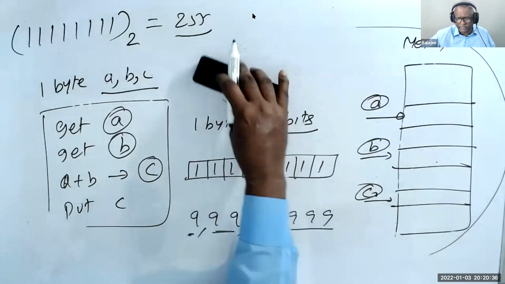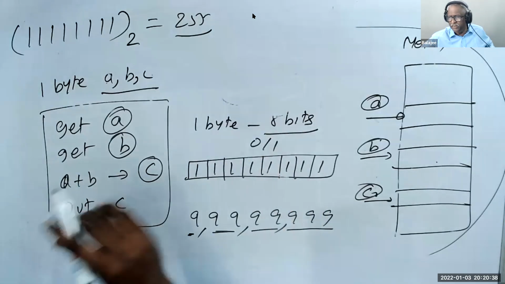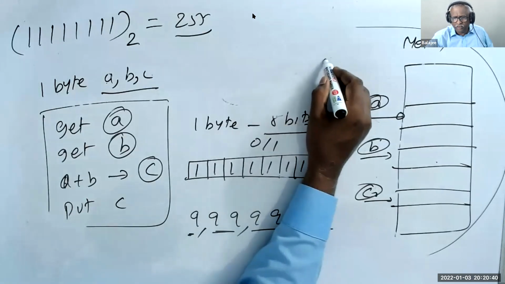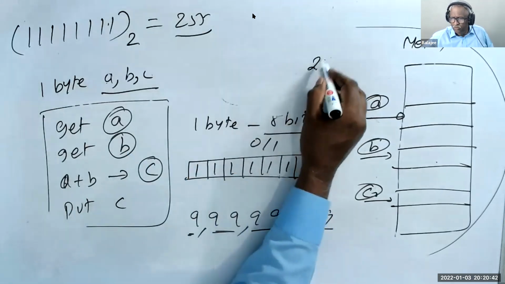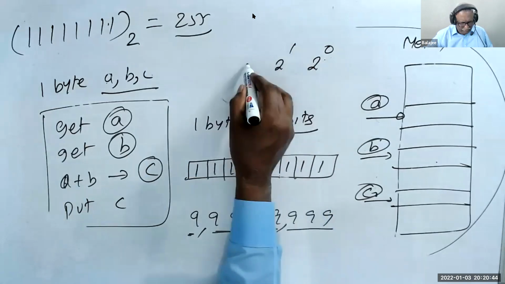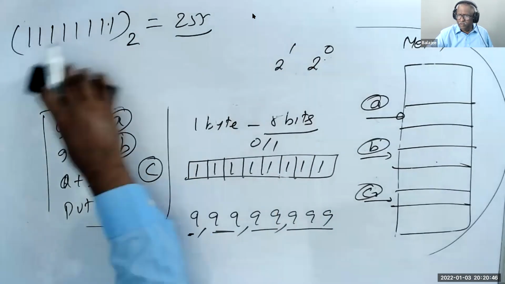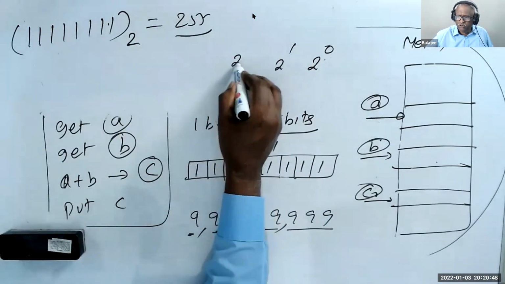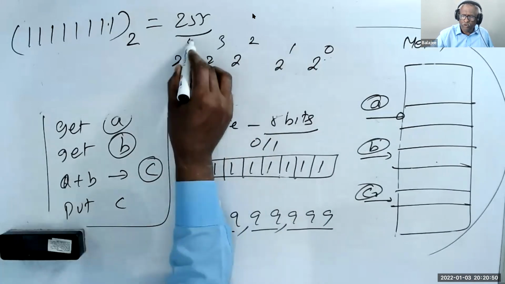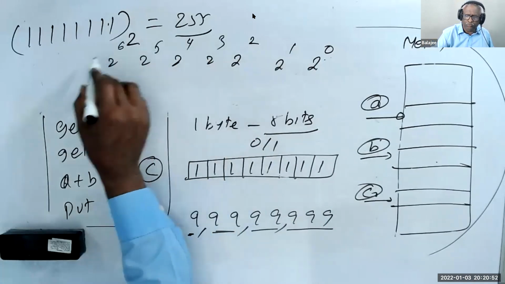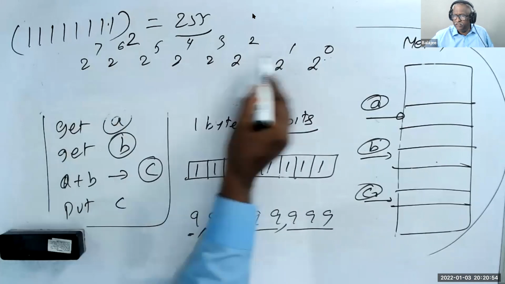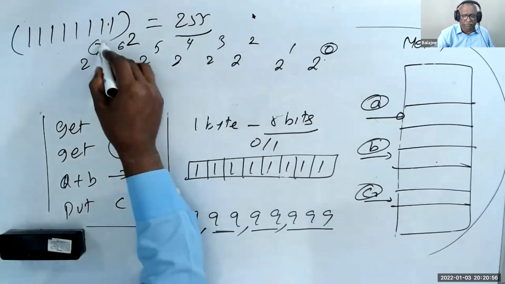Very simple. Please understand, which most of you may already know. The first one is 2 power 0, 2 power 1, 2 square, 2 cube, 2 power 4, 2 power 5, 2 power 6, 2 power 7, because you start from 0 up to 7, 8 bits.